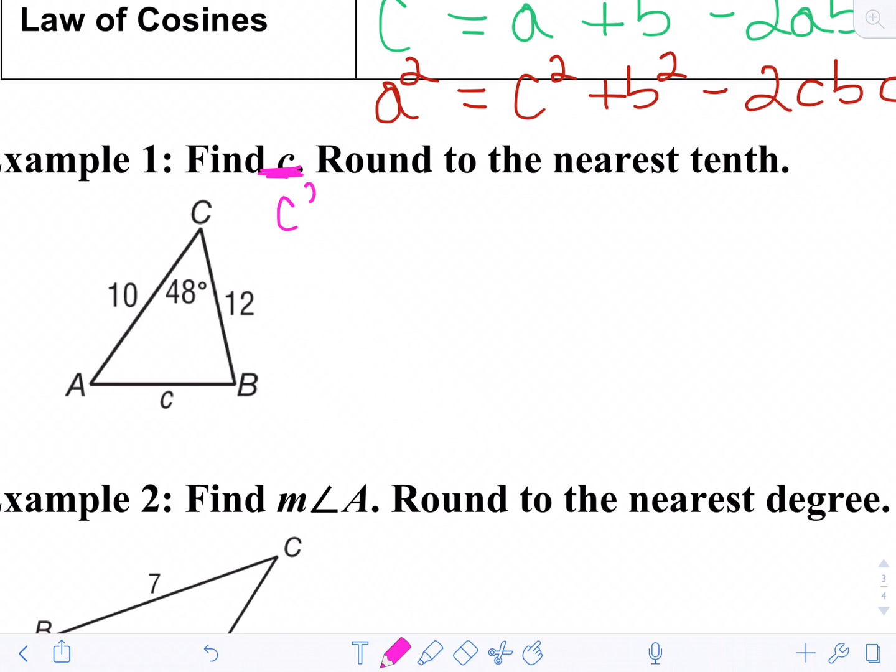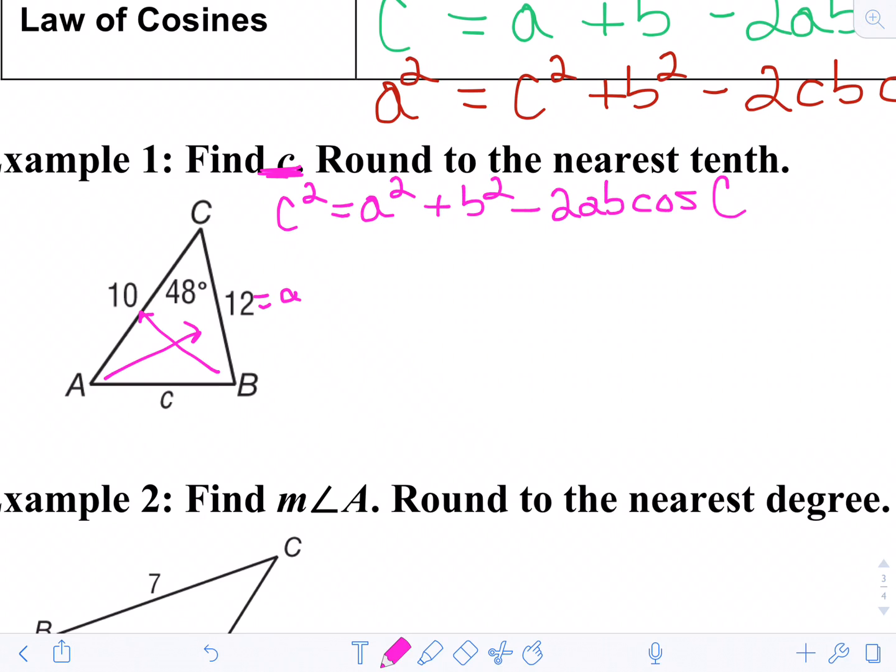So I'm going to write c squared is equal to a squared plus b squared minus 2ab cosine of angle C. Next thing I'm going to do is label what I know. Across from angle A is side A. Across from angle B is B. I don't know what C is, and I know that angle C here is 48 degrees.